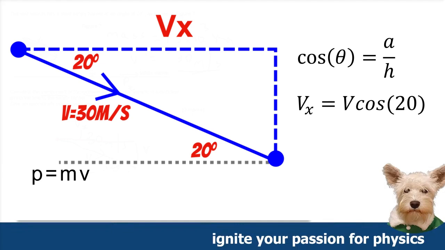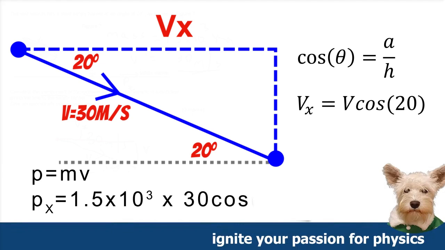So if we substitute those in, momentum in the X direction is the mass, which is 1.5 times 10 to the 3, times 30 cosine 20. And you shovel that jolly lot into your calculator, and quite frankly, I don't know what you get, but you'll get the right answer if you type it in right.